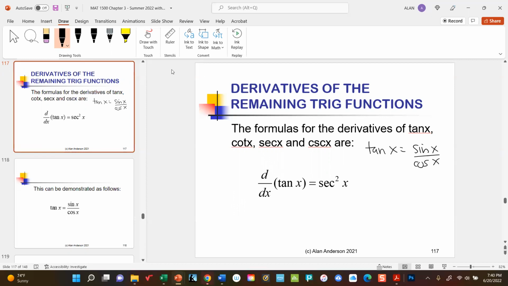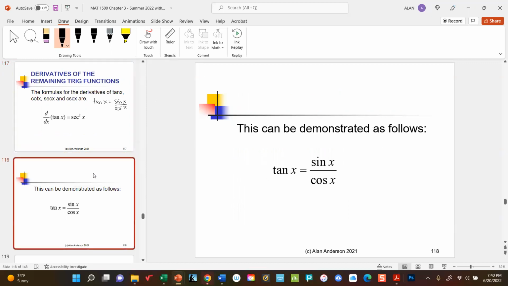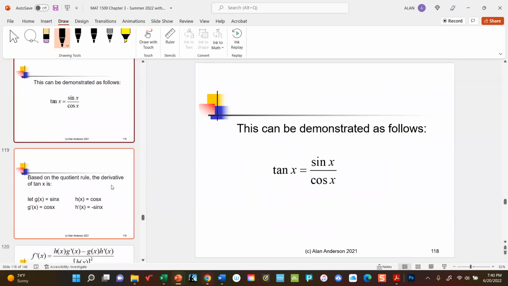So let's see what happens if I rewrite this, and then I take the derivative. Okay, so in other words, what I'd like to do is take the derivative of this ratio using the quotient rule. So this is our g of x, and this is our h of x.